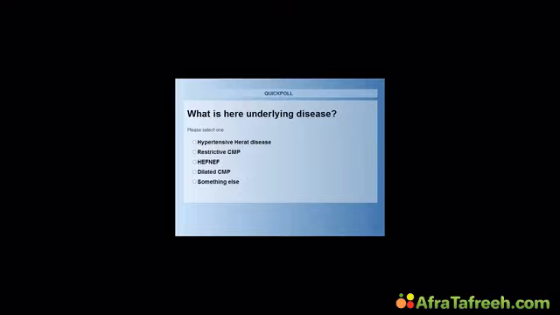Do you think it's restrictive cardiomyopathy? Do you think it's heart failure with normal ejection fraction? Or do you think it's a dilated cardiomyopathy? Or do you think it's just something else? I'll give you a few minutes again.